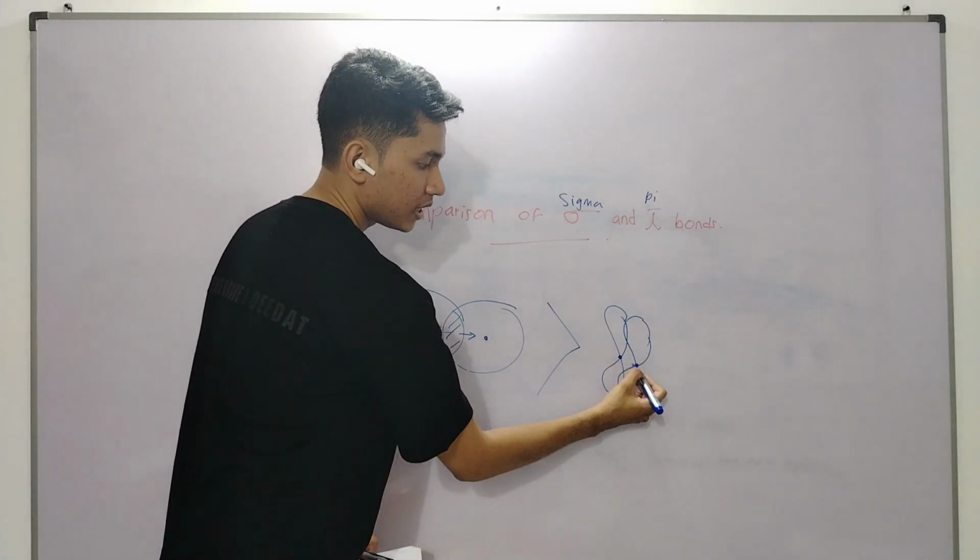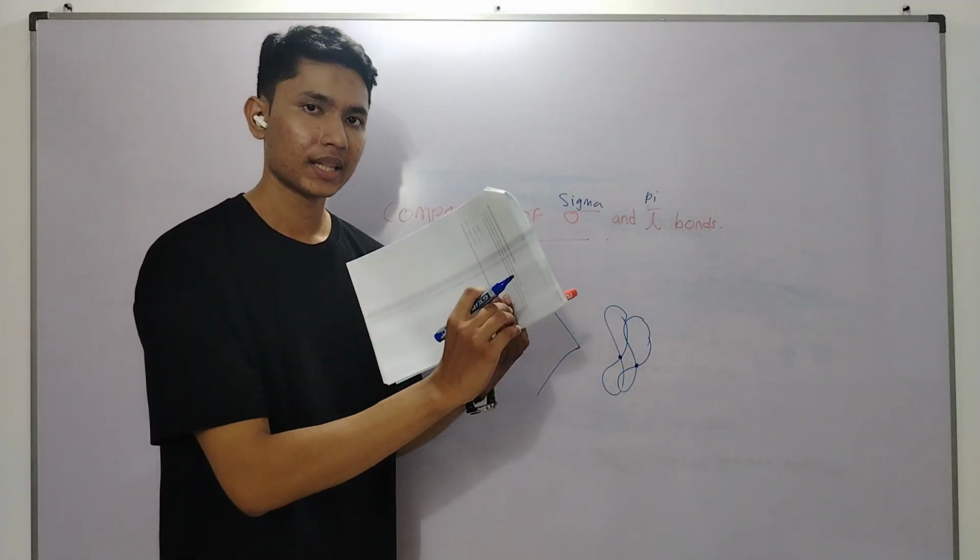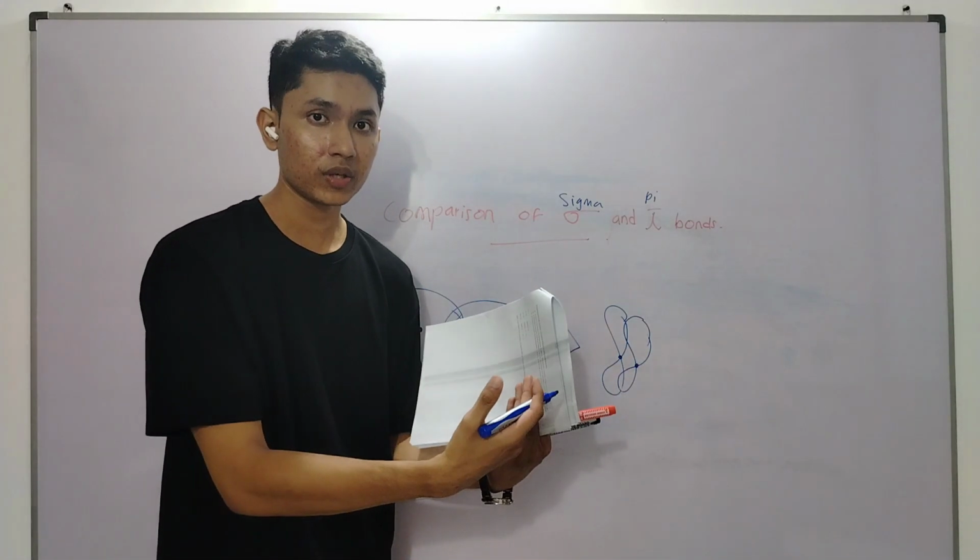Here in pi bonds both the nuclei are closer to each other. If two positive charges are closer to each other, they repel one another, so it's easy to break.